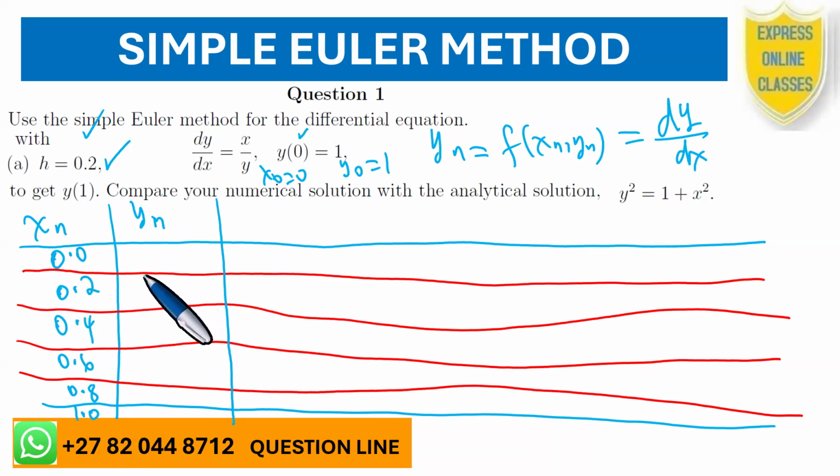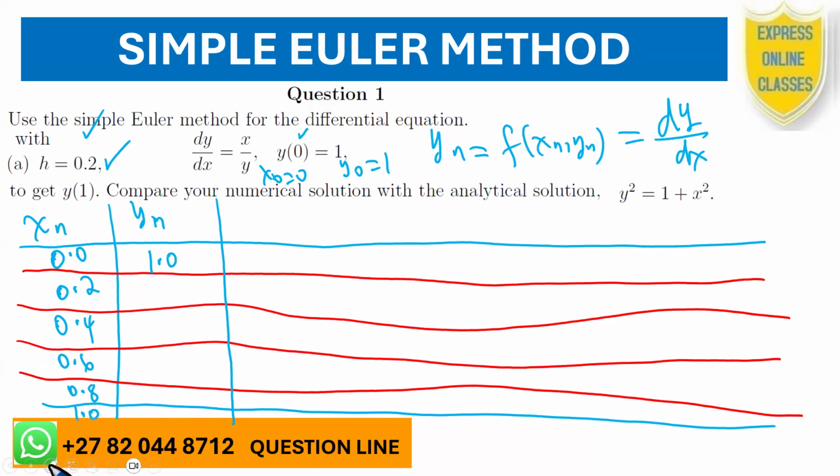To put the y_n, we proceed as follows. We start with the first one, y0 is 1, so you're going to have a 1.0 here. And then our biggest machinery is deployed right now.